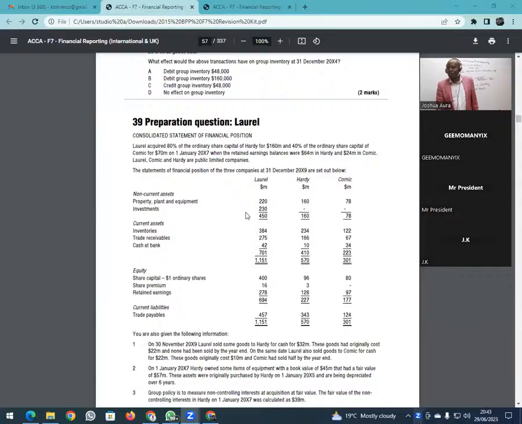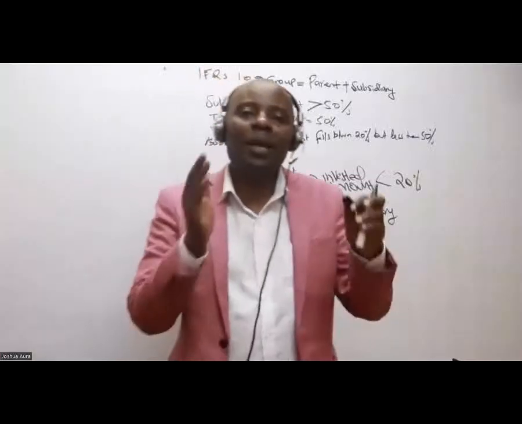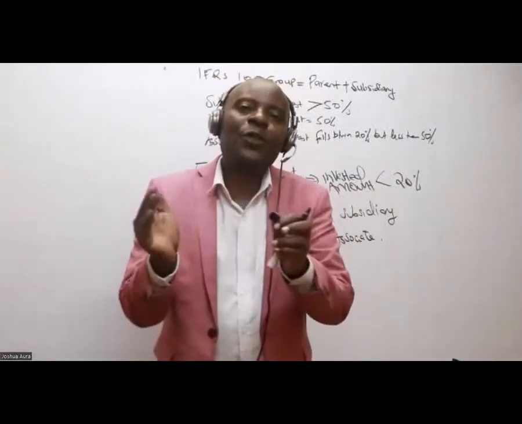So, ladies and gentlemen, what do they want me to do? If you look at the question down here, they want me to prepare a consolidated statement of financial position for Laurel and its subsidiary as at 31st December 2019, incorporating an associate in accordance with IAS 28, which basically tells us to use the equity accounting method for associates.